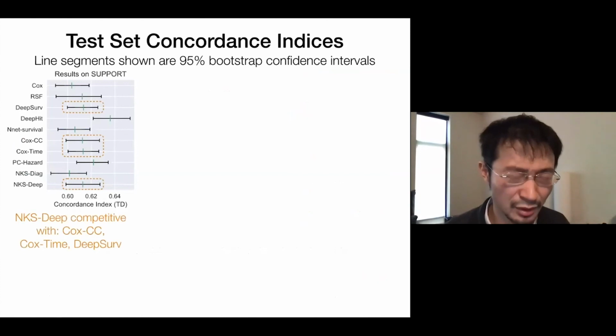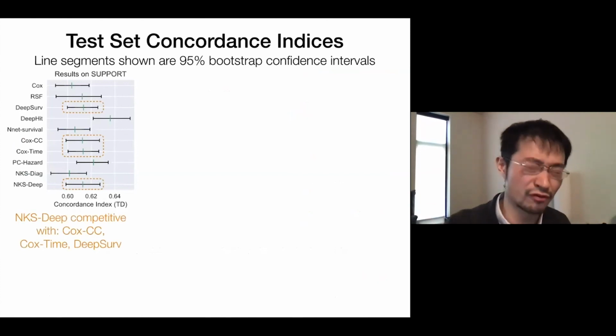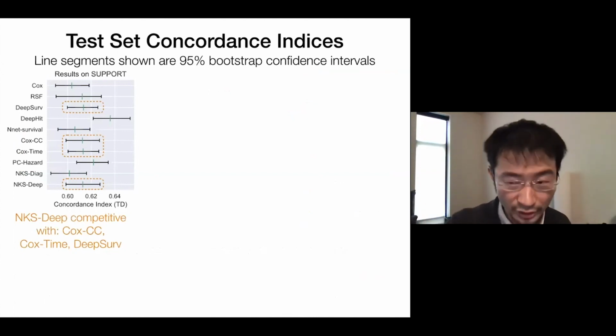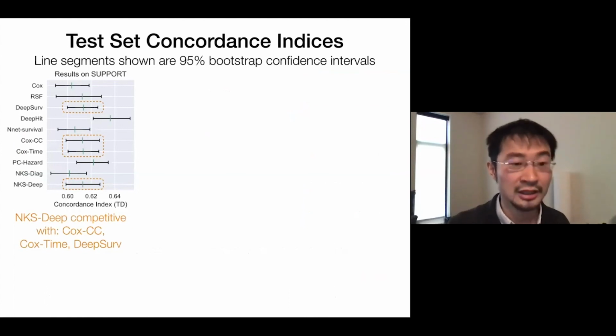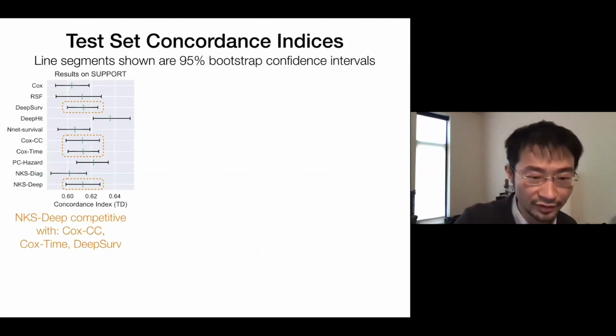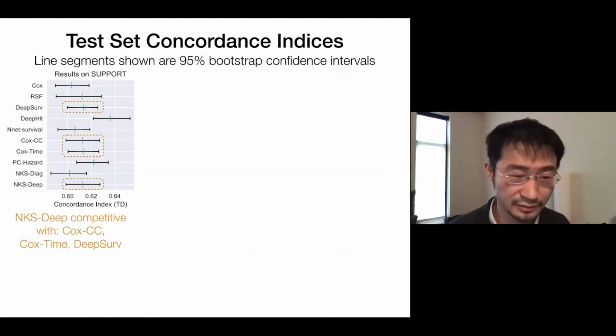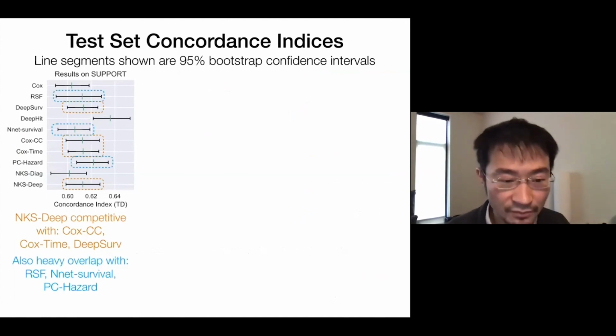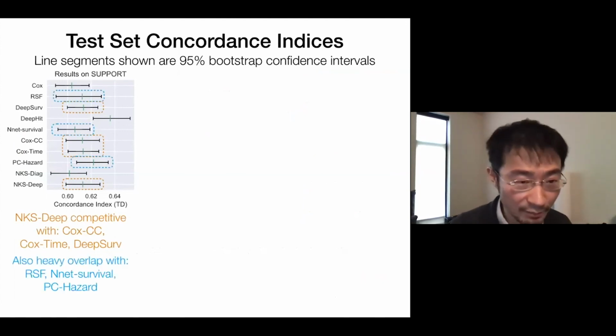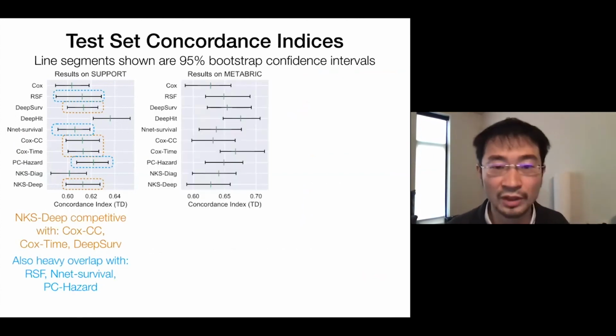Here you can see that kernel survival analysis using the deep neural choice for the neural net phi from earlier is competitive with 3 deep net baselines. And there's also heavy overlap with 2 other deep net baselines as well as random survival forests.